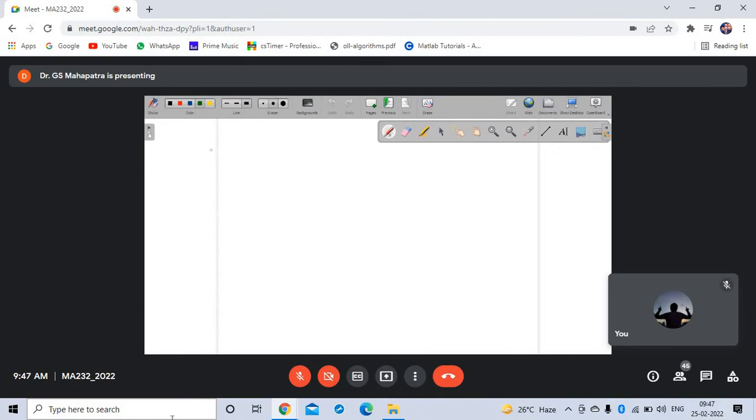Now, for that you have to construct a table, which is known as the forward difference table. Two types of tables are there, one is diagonal, one is horizontal. Now, the table I will write: diagonal forward difference table.